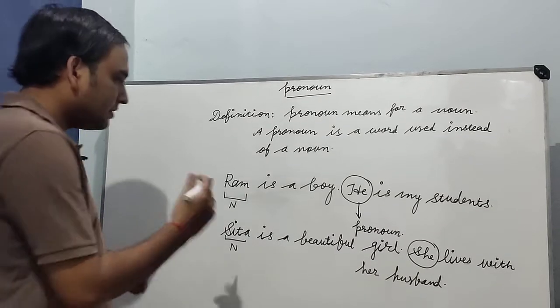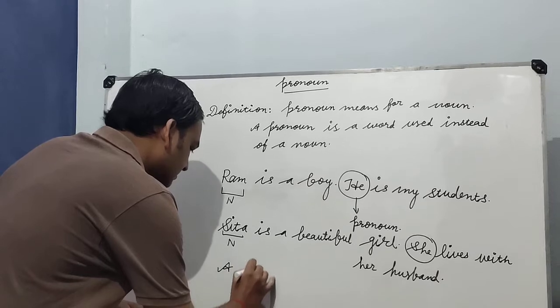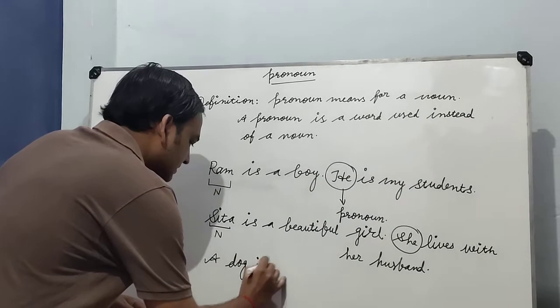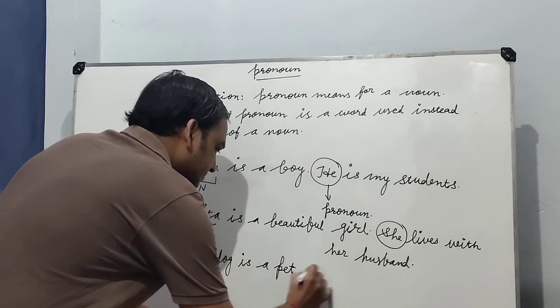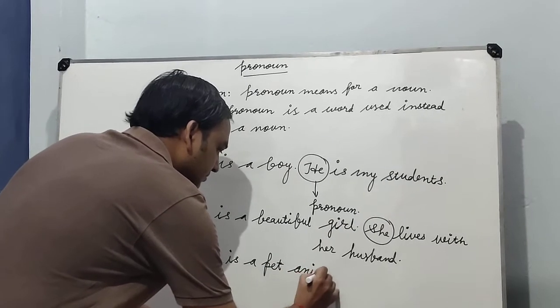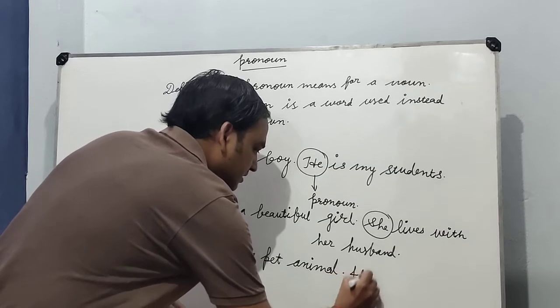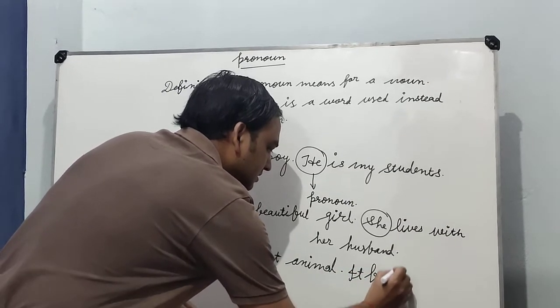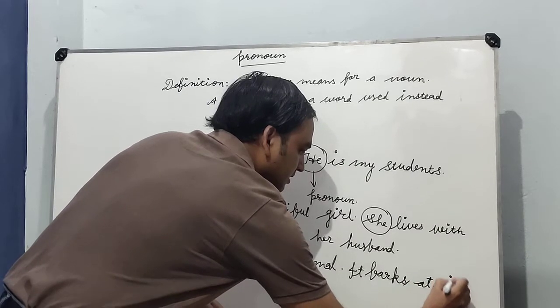Okay, now another example, a dog is a pet animal. It barks at night.